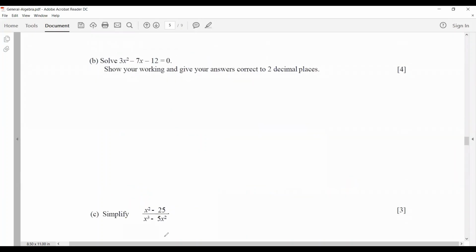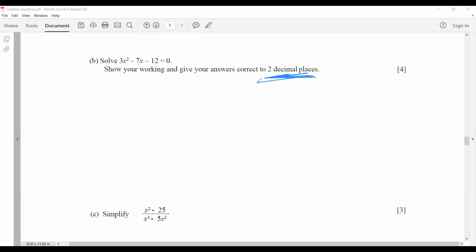We have to solve this equation. We might be able to solve it using factorization. I don't know. I have to investigate more. However, the hint, whenever you see 2 decimal places or 3 decimal places, don't even go near factorization because it's not going to work. As a matter of fact, they want you to use the formula.